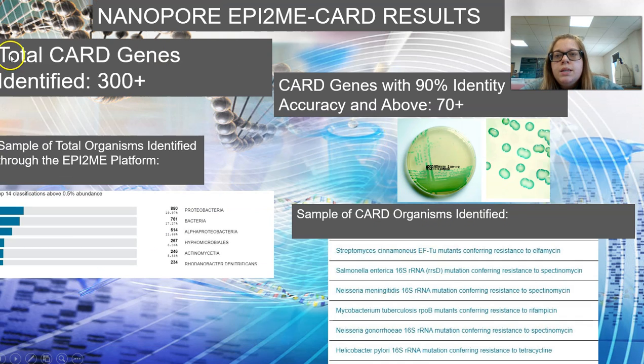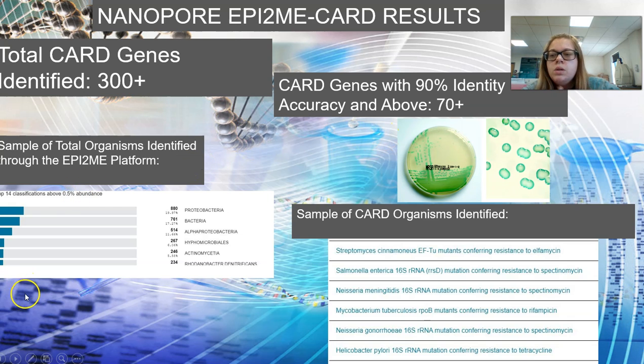And then these are our results from the actual nanopore system, and altogether we were able to identify 300 plus ARGs. Out of all of those, 70 plus of them were 90% or above in accuracy.